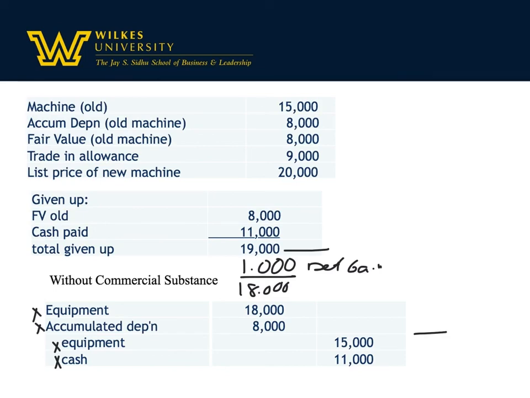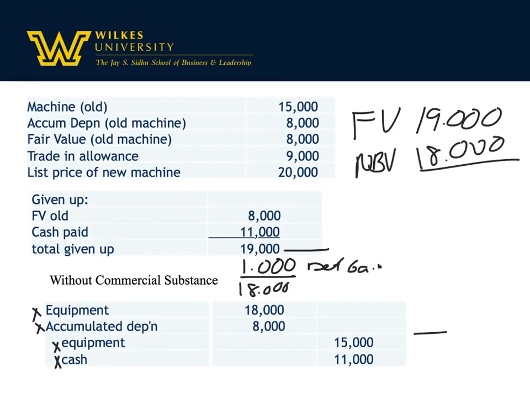But this actually makes sense. If I've given up $19,000 in fair value, then the new machine has a fair value of $19,000. If I were to turn around and sell that machine for cash today, my net book value, because I haven't taken any depreciation, is $18,000, and I would immediately have that $1,000 gain.